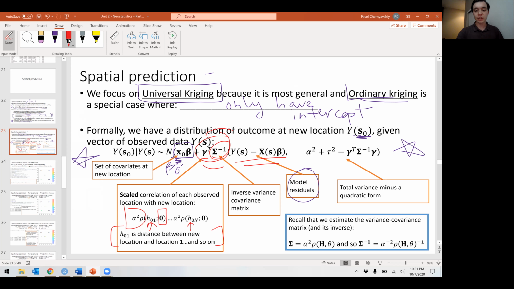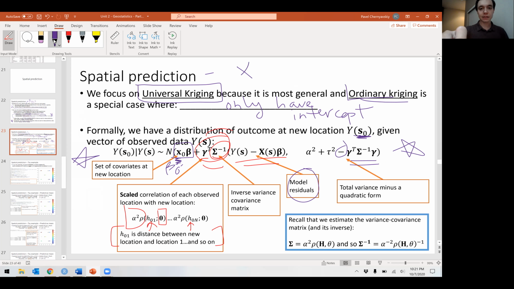All right, moving on to uncertainty. Here is the total variance, alpha squared plus tau squared. And notice that we actually reduce the total variance. So we reduce uncertainty by this quadratic form.